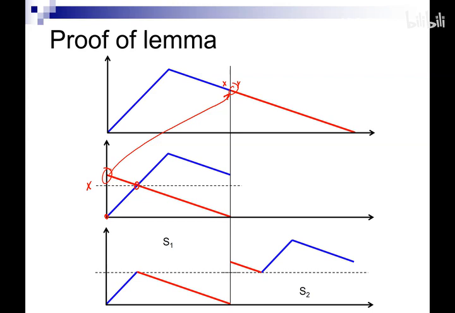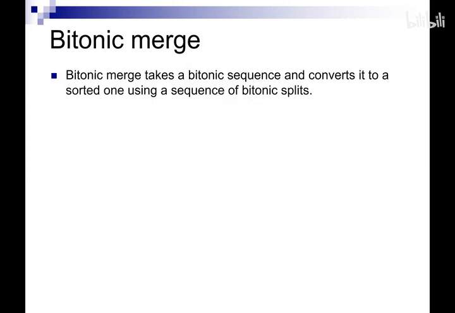Once we have this operation of bitonic split, we can get started with our bitonic sort algorithm. We're going to define one more thing called bitonic merge. The bitonic merge operation is going to take a bitonic sequence, an increasing followed by decreasing sequence, or a rotation of one, and convert it to a completely sorted one.